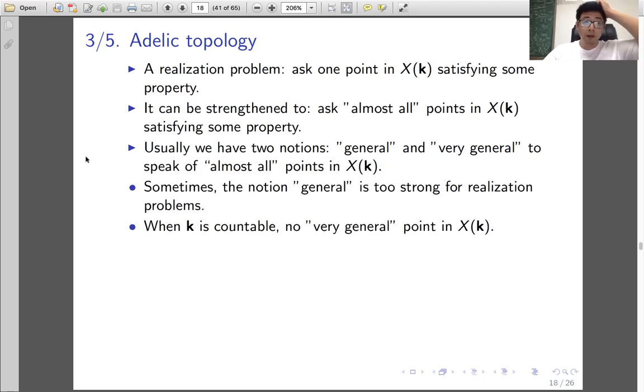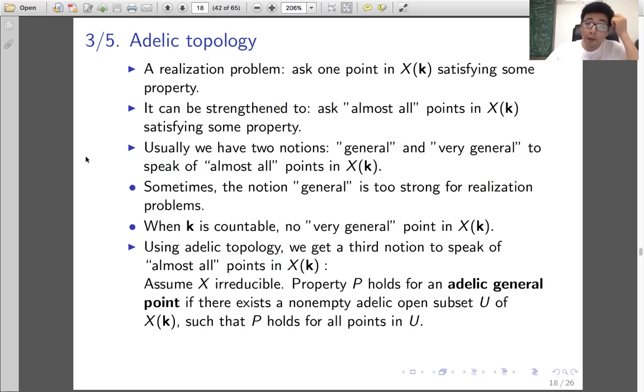But for our problem, usually the notion of general is too strong for realization problems, because we are mainly interested in the case when k is countable. In this case, there is no very general point.